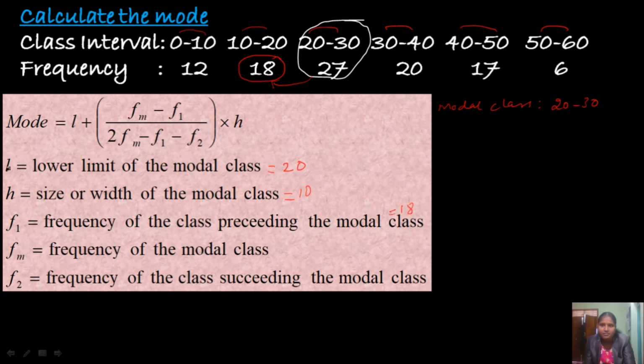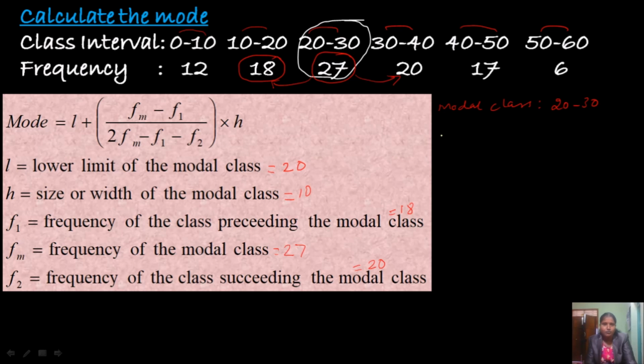Then f_m, the frequency of the modal class, is 27. Then f_2, the frequency of the class succeeding the modal class, is 20. So we have all the values.